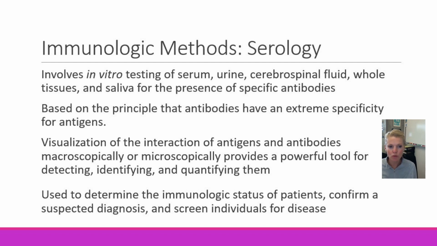And this can be used to determine the immunologic status of an individual. So if a person has an antibody to a certain antigen or to a certain pathogen, we know that individual has been exposed at some point in their life.